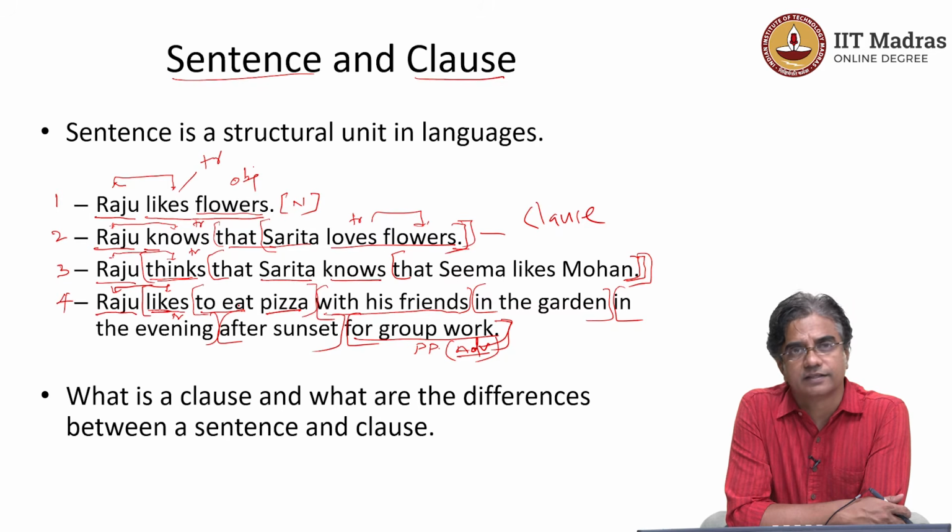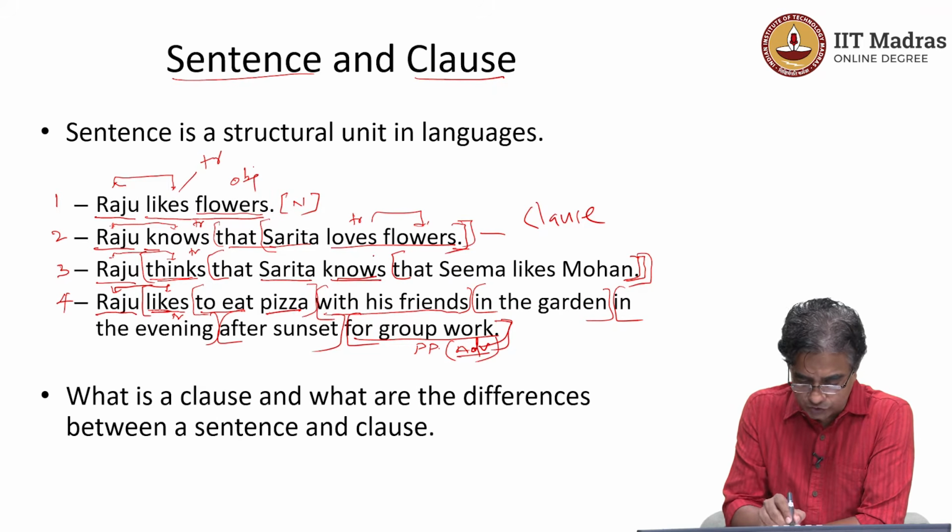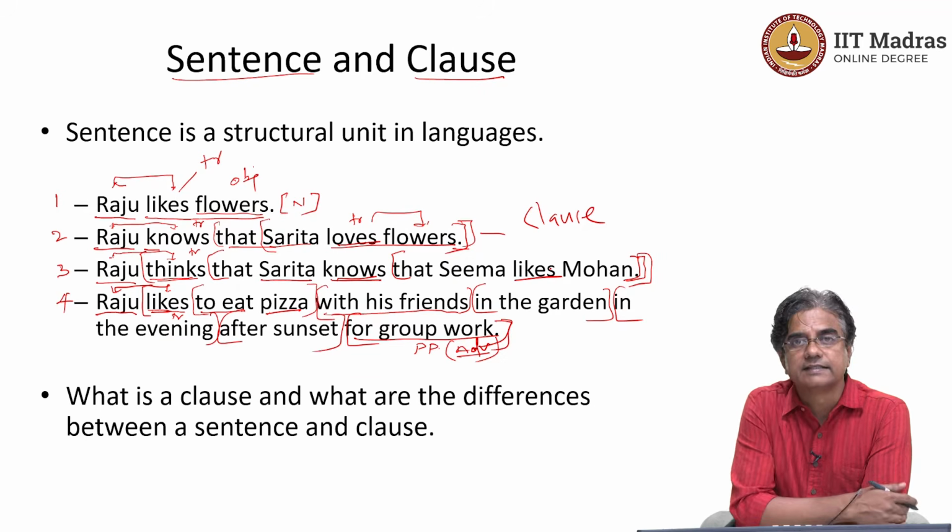Now look at this. This is a sentence which is not a finite one, because look at the verb, it is in its infinitive form. It is not like knows, loves or likes.